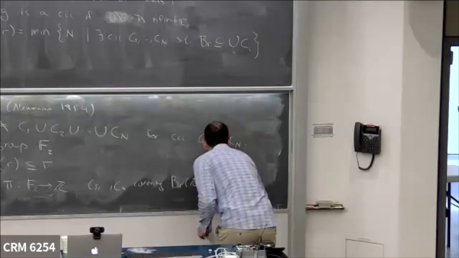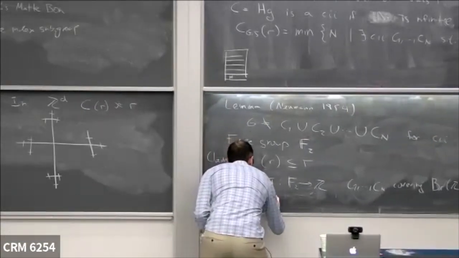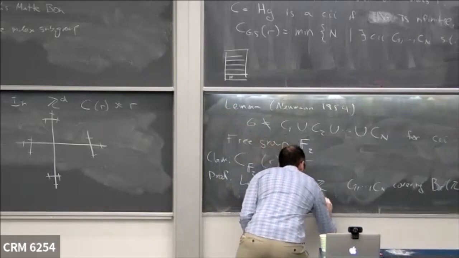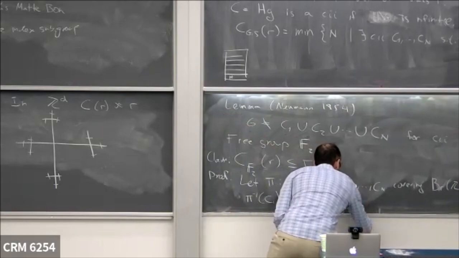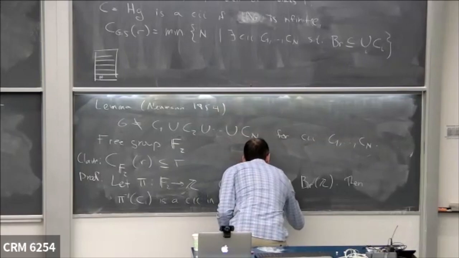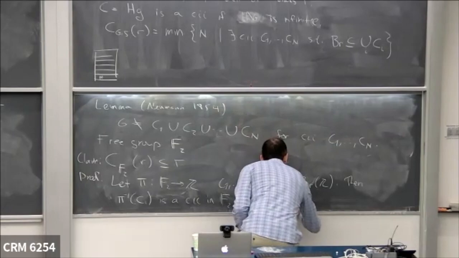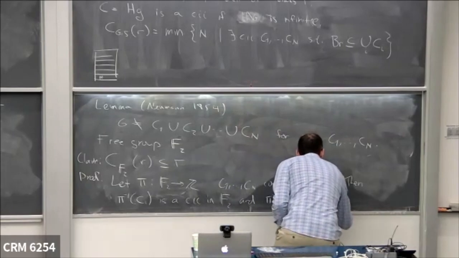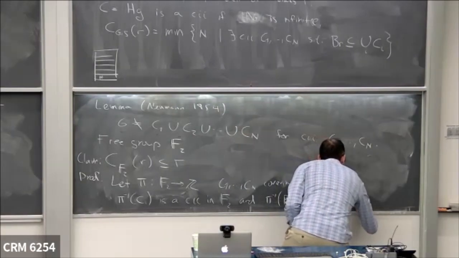Then pi inverse of Ci is a coset of infinite index in F2. And pi inverse of the ball of radius R in Z contains the ball of radius R in F2.